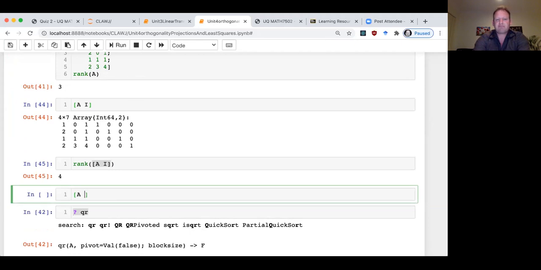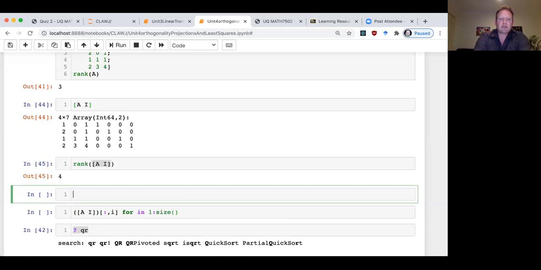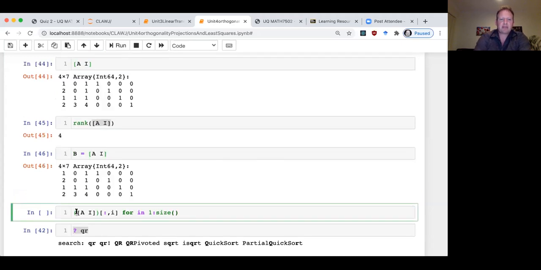There's probably better ways, but I'll take the matrix AI, let's call this AIB, and I'll take the ith column of B for i in 1 to size of B2. This should be the columns of B. There would have been a better way to do this.